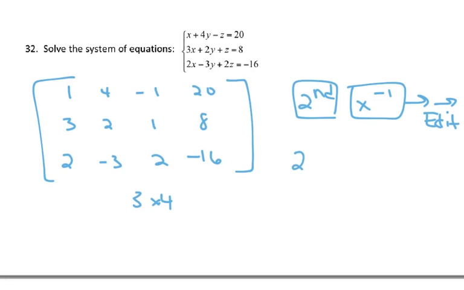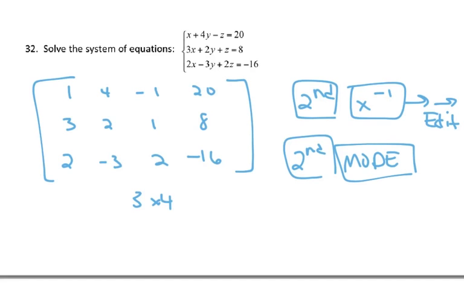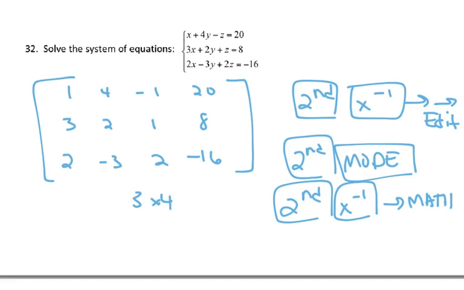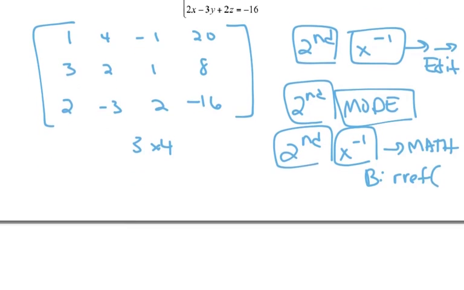When you're done entering your numbers, you have to quit and then go back into matrix a second time, but this time you arrow 1 to the right to math and you find option B, which is RREF, and hit enter so it pops up on the home screen.